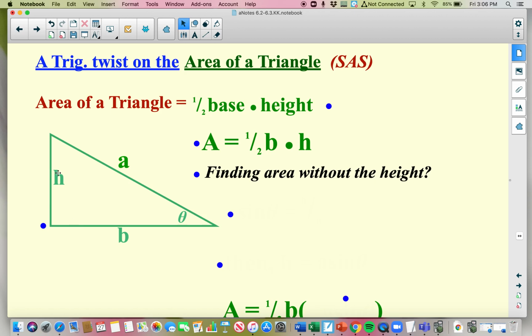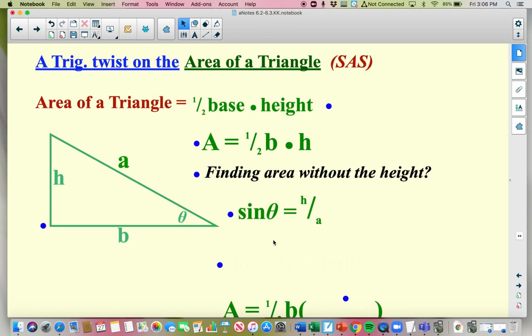So let's pretend we don't know the height. So if I just put theta down here, you could put theta wherever you want. But if I said, well, I know that the sine of theta is opposite h over hypotenuse a, right? Like you know that, SOHCAHTOA, nothing unfamiliar.